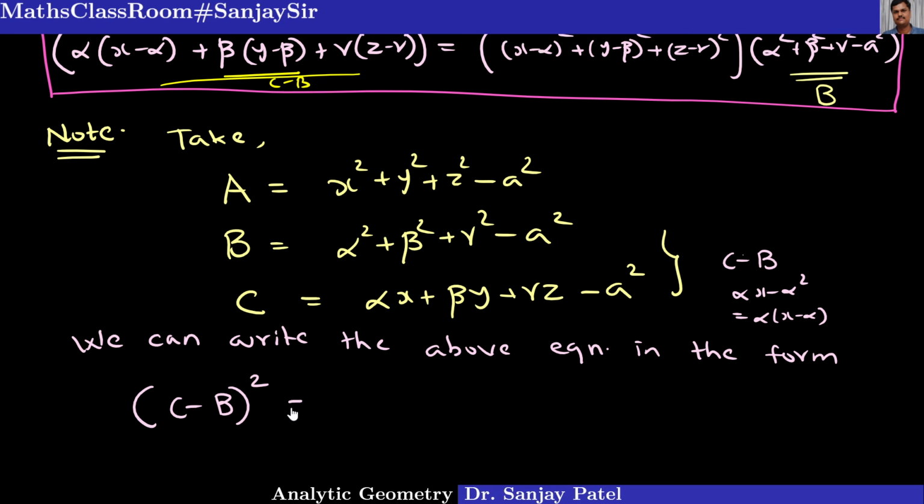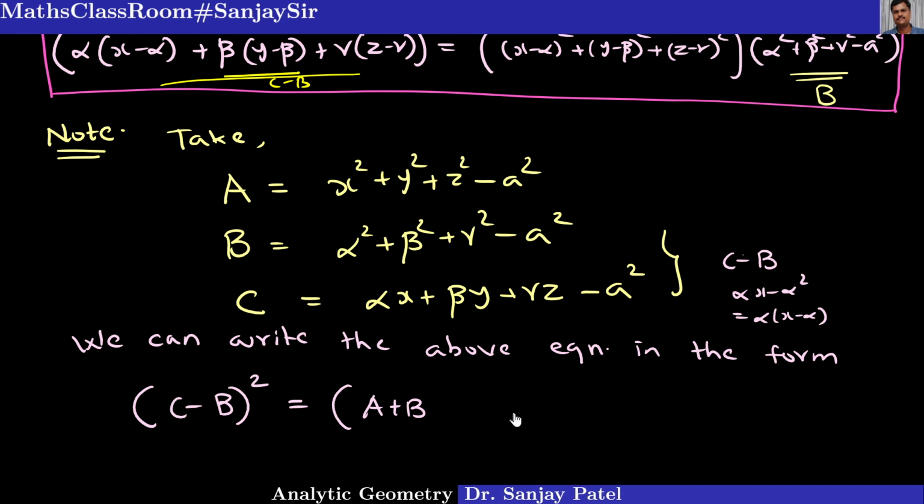check that this x minus alpha whole square, y minus beta whole square, plus z minus gamma whole square, you can do A plus B, because the square terms of these perfect squares are x square, alpha square, y square, beta square, and so on. Then I want the middle terms here, 2x alpha, 2y beta, 2z gamma with minus sign.